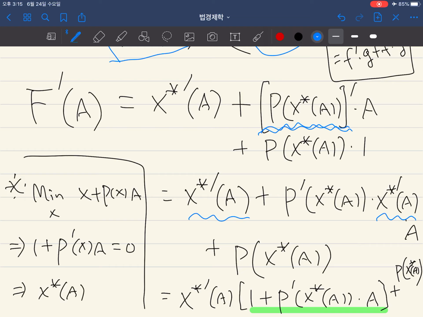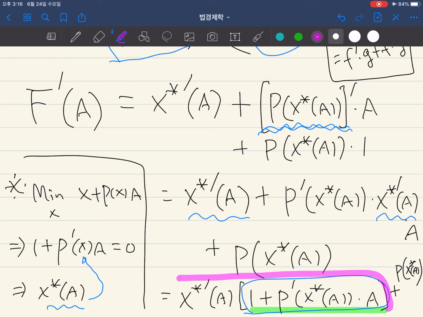So when you put this solution back into this equation, we still have this equation 1 plus p prime xa equals 0. So because of this part, this green expression must be equal to 0. So this purple expression is gone.